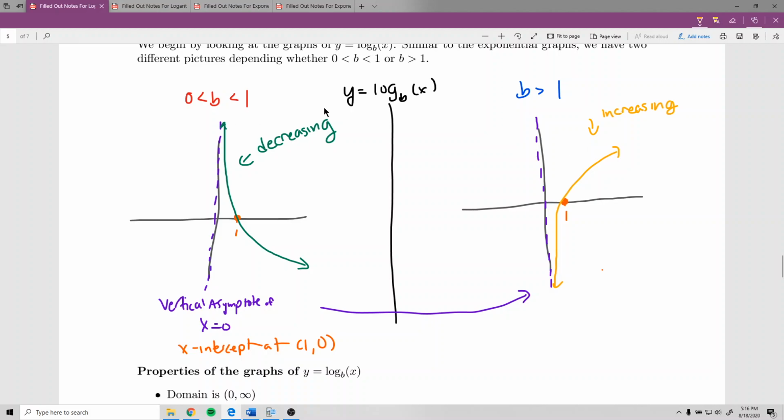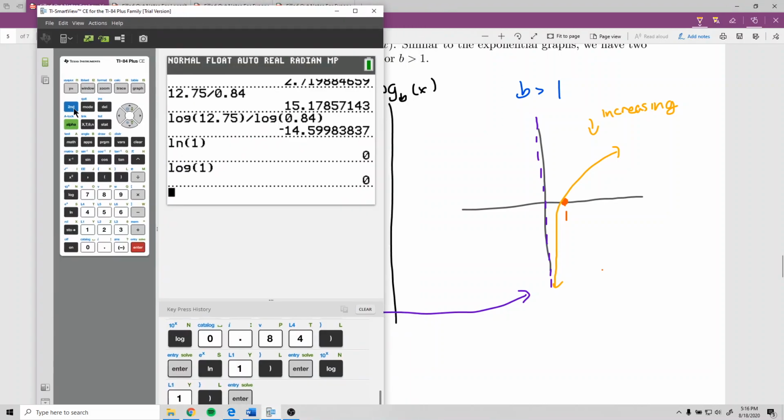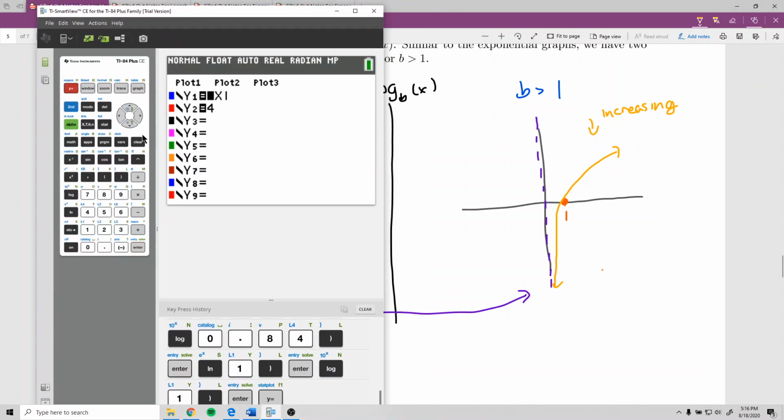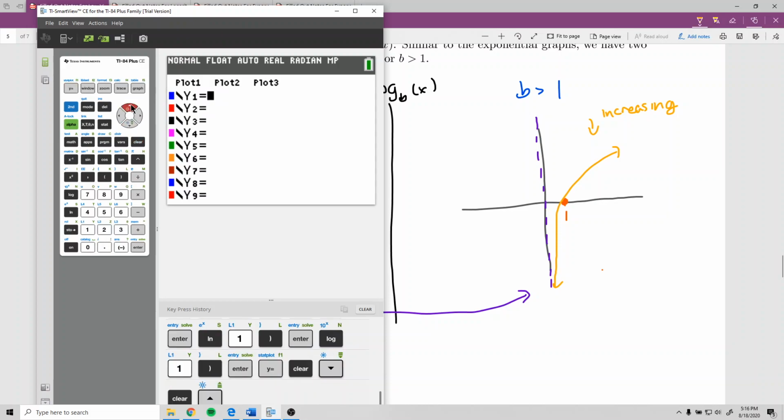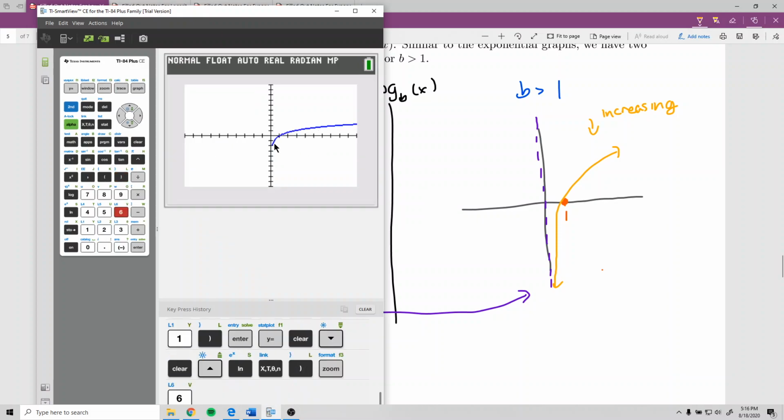So if you pick any base that's between 0 and 1 and graph it, or if you pick a base bigger than 1 and you graph it, it'll look something like this shape. I'll do the one bigger than 1 since it's very common to look at just the graph of ln of x, since that base is e and e is bigger than 1. So I'm going to graph ln of x, then zoom in 6 to put in the standard window.